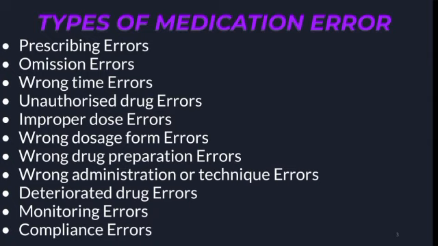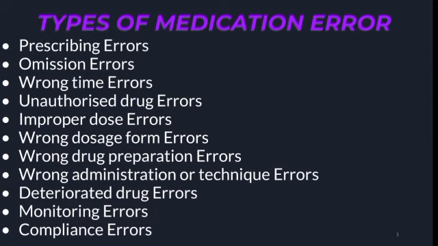Omission error. Omission means the patient, patient attender or nurse fails to administer the drug which was prescribed and has to be administered in the morning. They fail to administer the drug. This is an omission error. Wrong time errors.